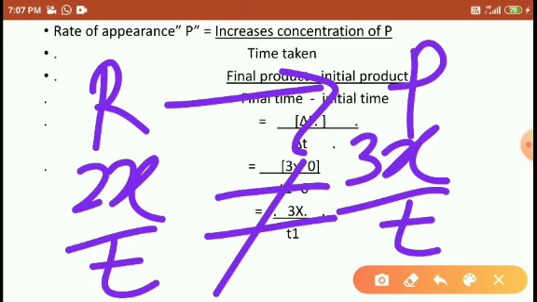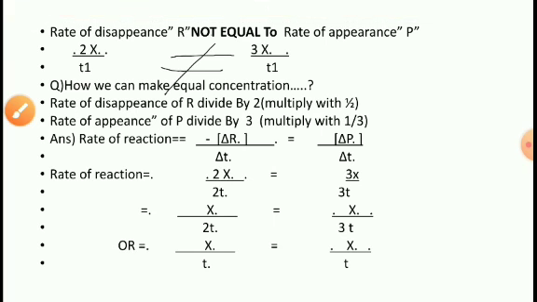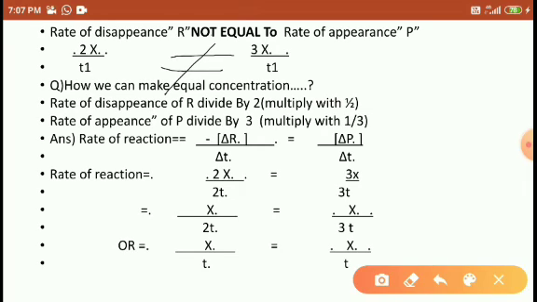So the rate of disappearance of R is not equal to the rate of appearance of P: 2x by T is not equal to 3x by T1.